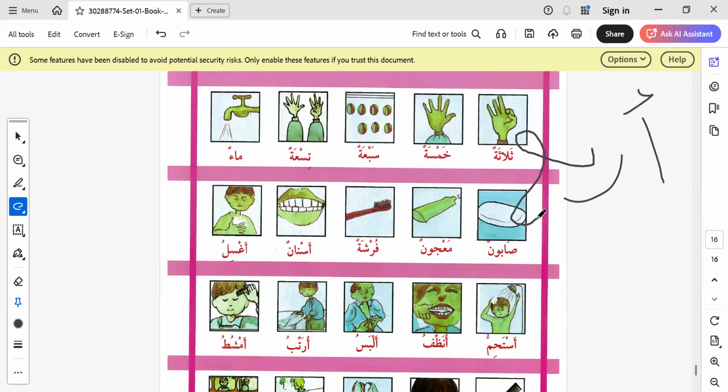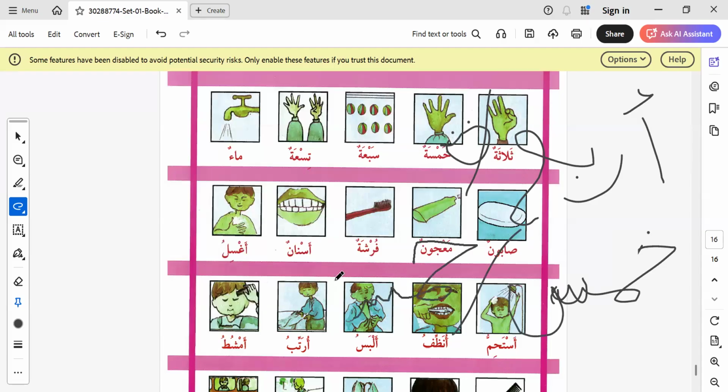We have a ta for the feminine: أربعة. Now for five, خمس, and then the feminine will be what? خمسة.